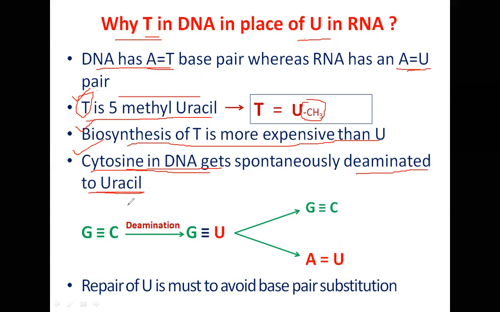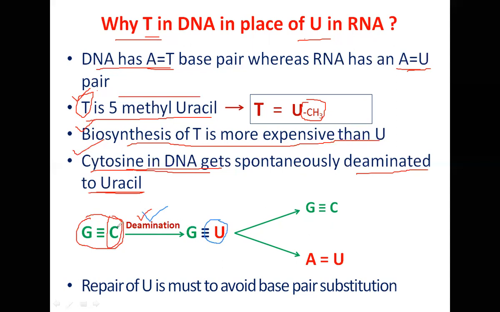For example, shown over here, you have a normal GC pair, and this cytosine in this GC pair has a tendency to undergo deamination. It can regularly undergo deamination, and when it gets deaminated, it forms a uracil.